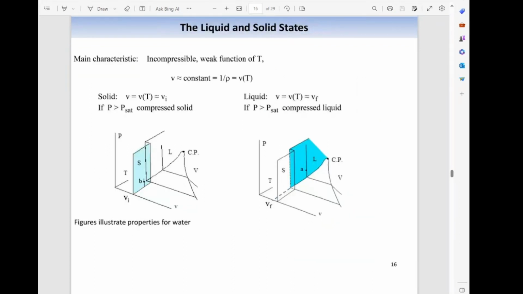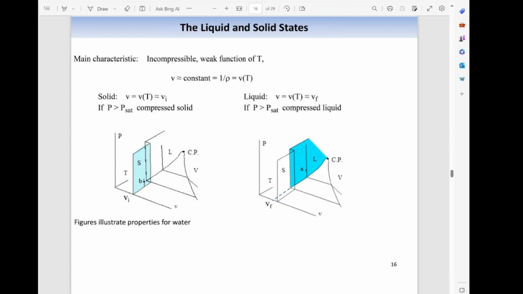Okay, we're going to start looking at liquid and solid states, and the main characteristic of these states is they're incompressible and a weak function of temperature. In this case, we're going to look at the specific volume of saturated solid and specific volume of saturated liquid here, VI and VF.